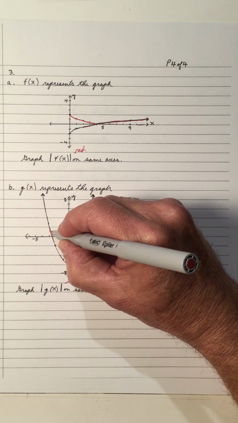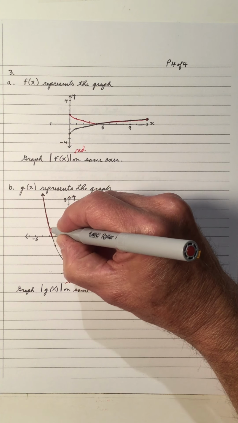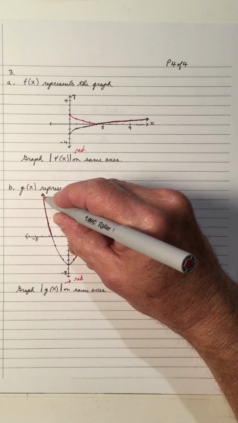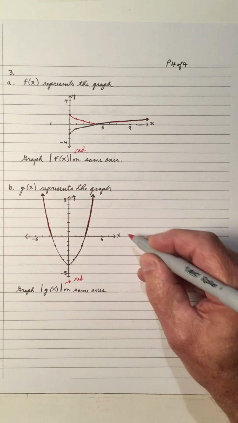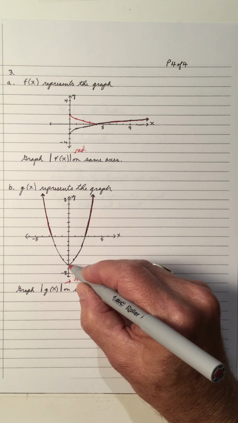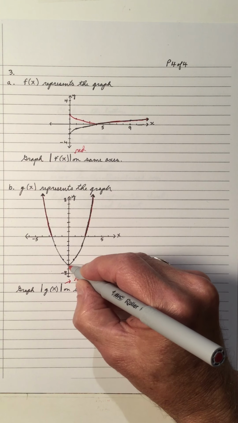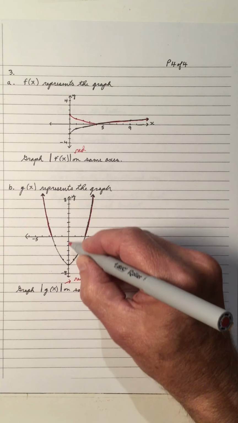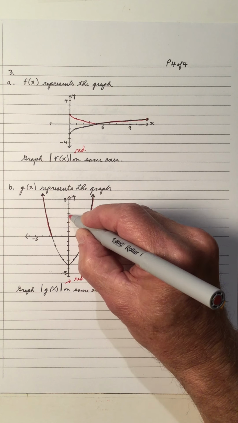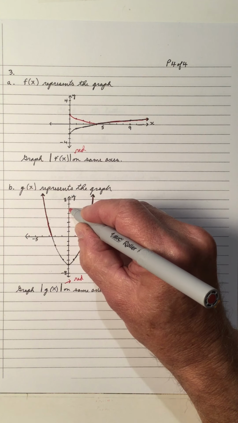And this part of the graph, this is okay because these y values are positive, so they're not going to change, but these will. So instead of having 0, negative 6, I have to have 0, 6. 1, 2, 3, 4, 5, 6.